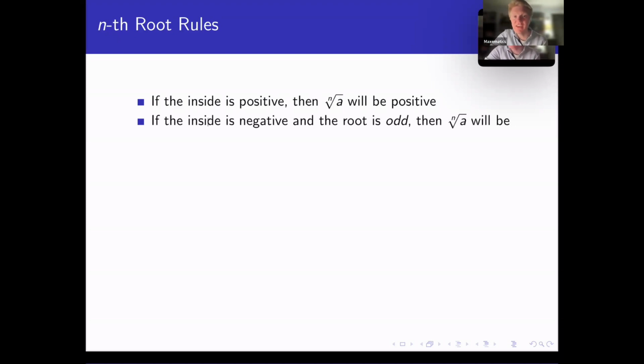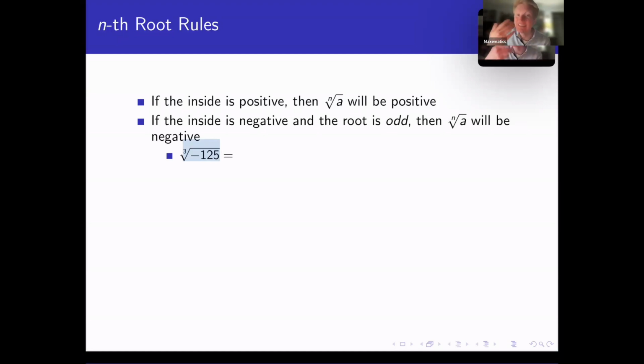So let's say the inside is negative and the root is odd. So we're talking cube root or fifth root. Well, if the inside is negative but the root is odd, then the nth root of a will also be negative. So for example, what we're allowed to have is the cube root of negative 125. Not the square root of negative 125.